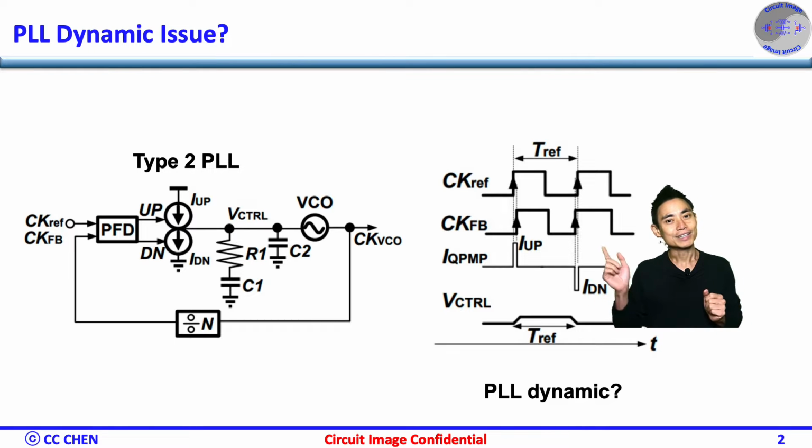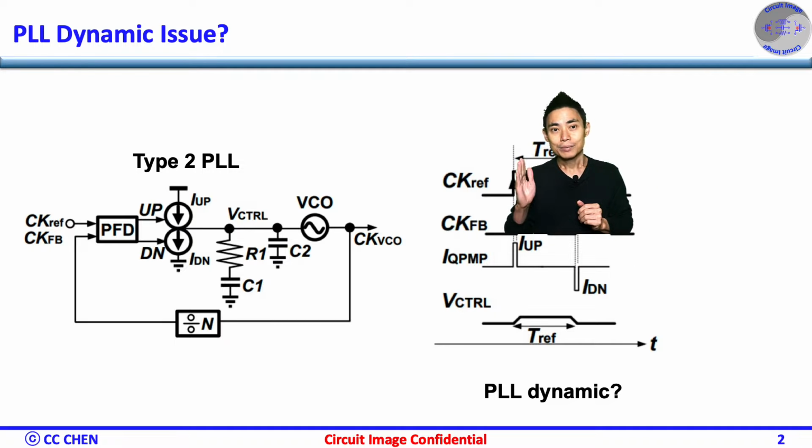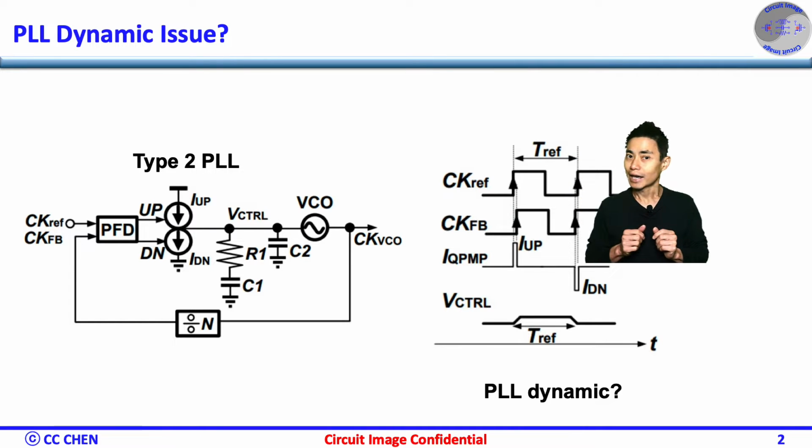Therefore, in the PLL's lock state, the reference clock edge may start earlier than the feedback clock, and then the reference clock edge may start later than the feedback clock at the next reference cycle.